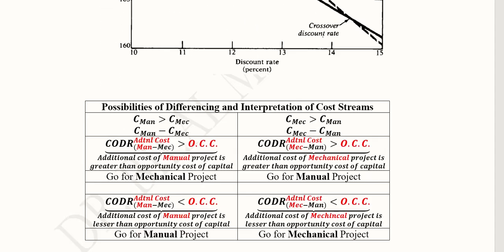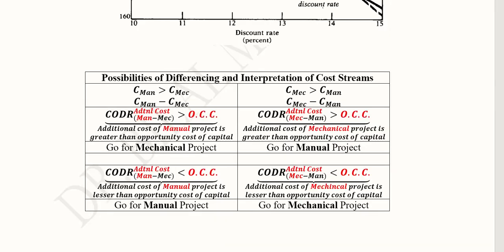So now we can summarize all of the things. These are the various possibilities and interpretation of the cost streams. Basically, we can place the manual technique before the mechanical technique, or mechanical technique before the manual technique.